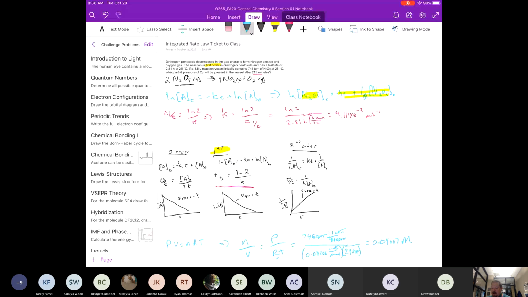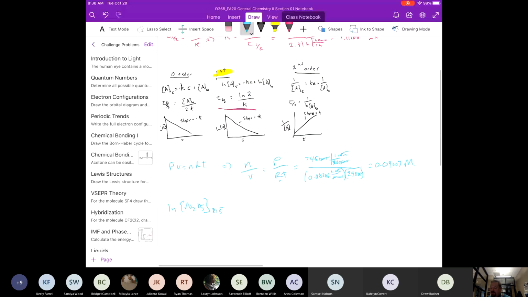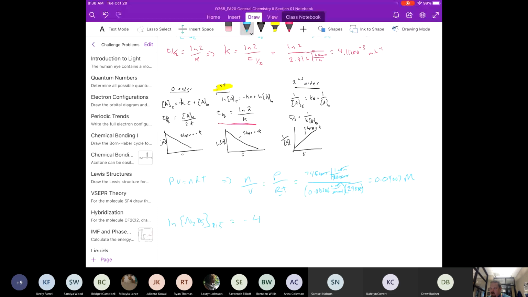So the natural log of N2O5 after 215 minutes is equal to our rate constant, a negative 4.111 times 10 to the negative 3 minutes to the minus 1, times our time, 215 minutes, plus the natural log of our initial concentration, which is 0.04007 molar.